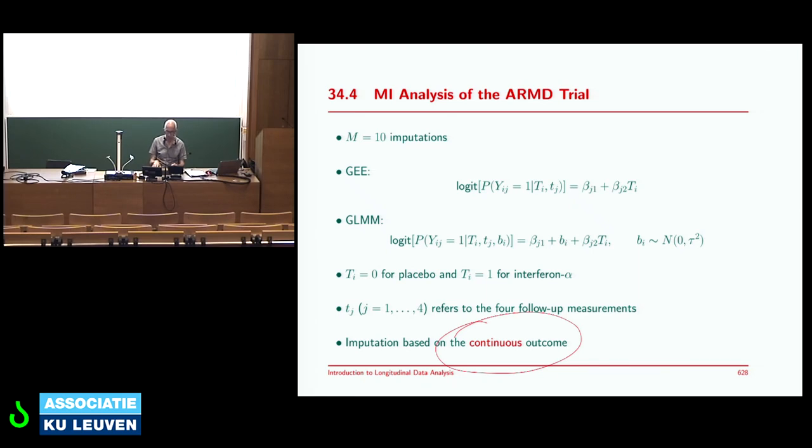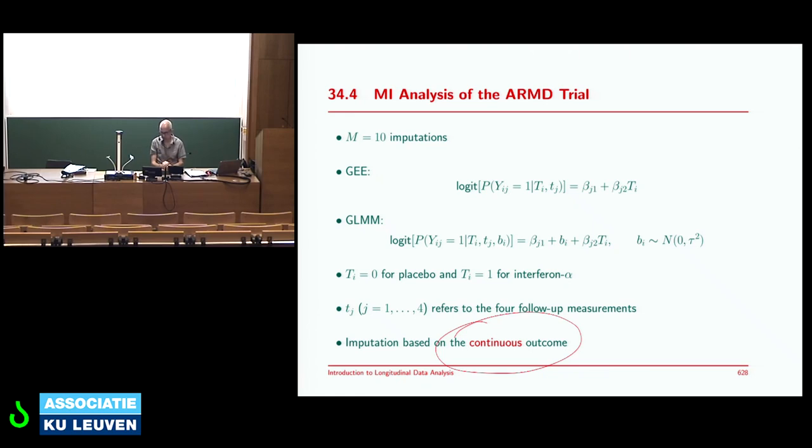And then, only then, do we dichotomize. So, for example, in a study on body mass index and overweight or obesity, you may say, I'm interested in the binary variable obese, yes or no. But you do have the body mass index, so the multiple imputation is done using body mass index, and then only then is the data dichotomized.